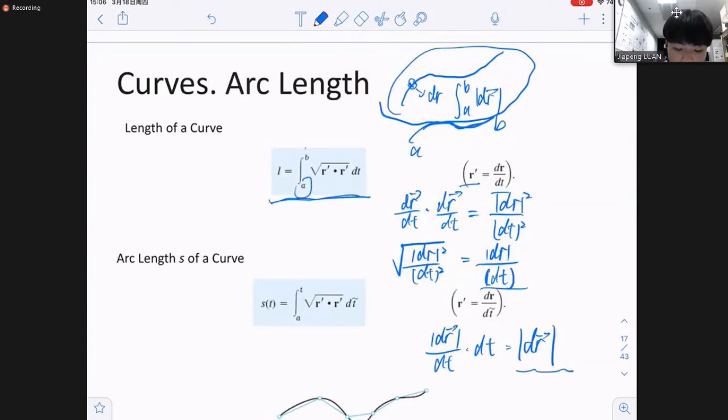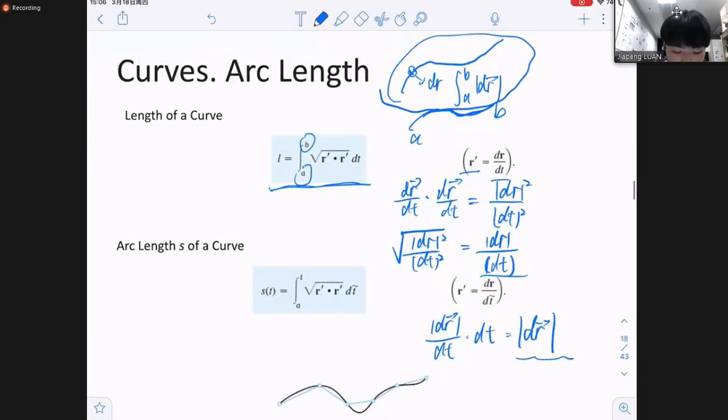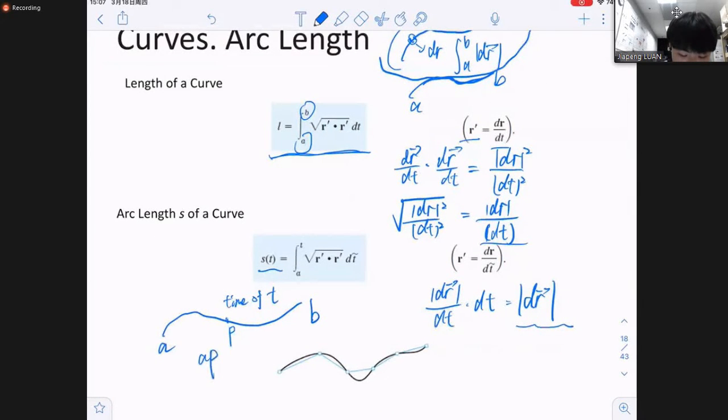This is from A to B. Also, if you want the length of a curve in the form of a function of t, like this is from A to B, and at time t, for example, this is point P, and you want to calculate the length of AP, then you have this equation.